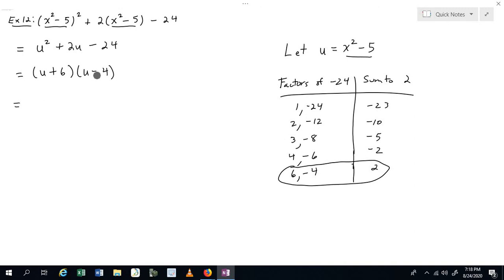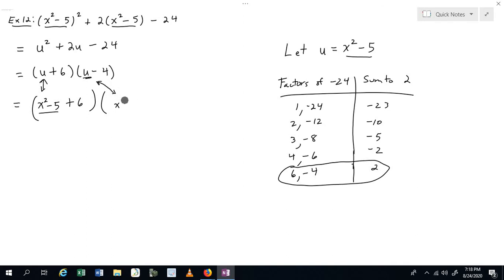So now that we're done factoring the trinomial, let's go back and substitute this back in for u. This is really x squared minus 5, and then you're adding 6 to that. Now I have to substitute for this u.